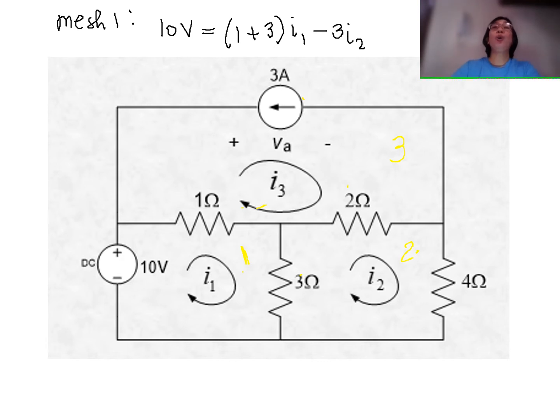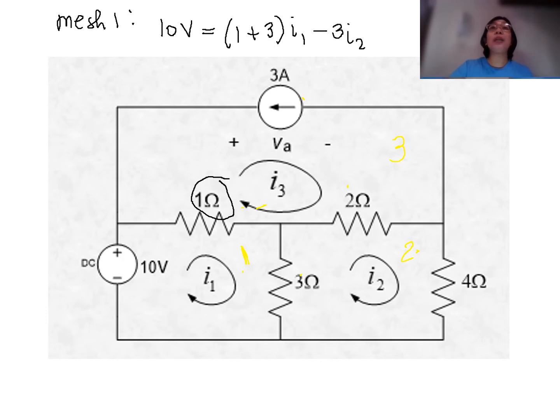So that means 3I2. Self-resistances are positive, so we have here 1 plus 3 multiplied by I1 because we are at mesh number 1. And then all mutual resistances: 3 here, we will treat as negative because aside from I1, mesh current I2 also flows across your 3 ohms resistor. Finally, this 1 ohm here is also a mutual resistance because both I1 and I3 can flow across it.